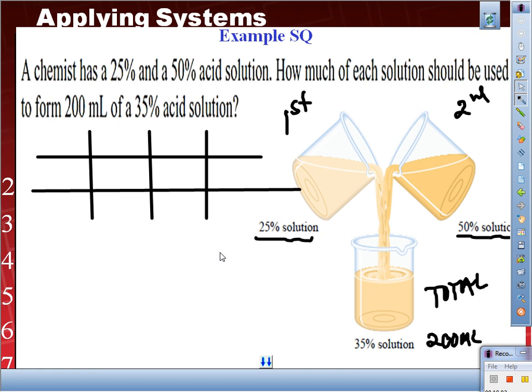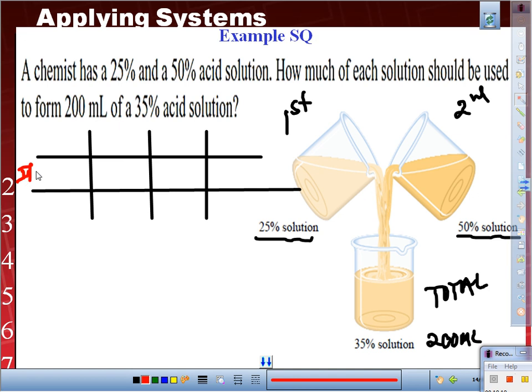Okay. Luker, what do I write here? Item, and what else? Milliliters, okay. What do I write here?